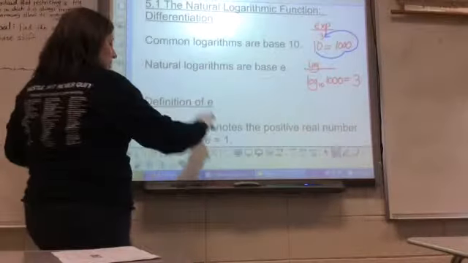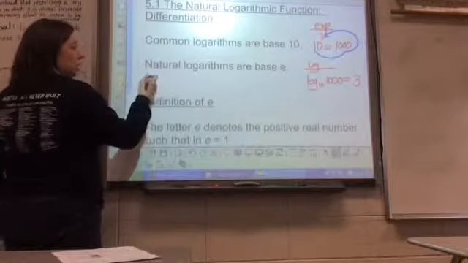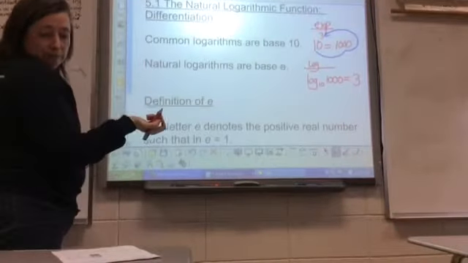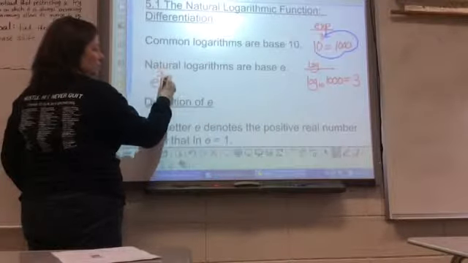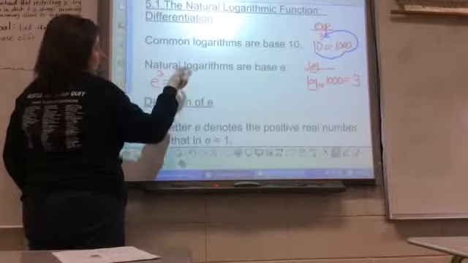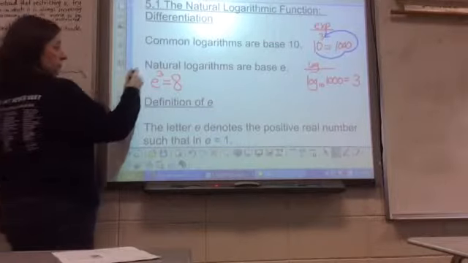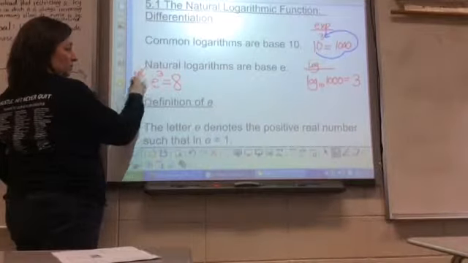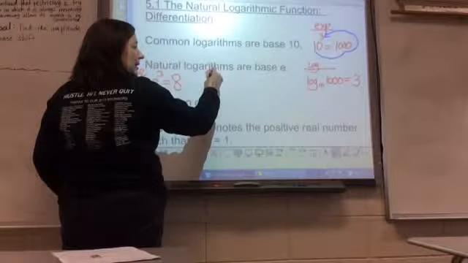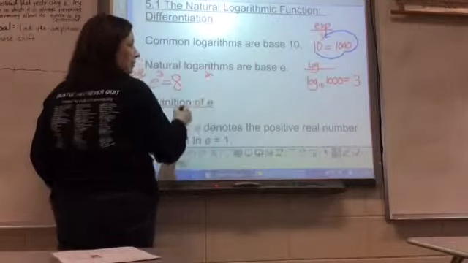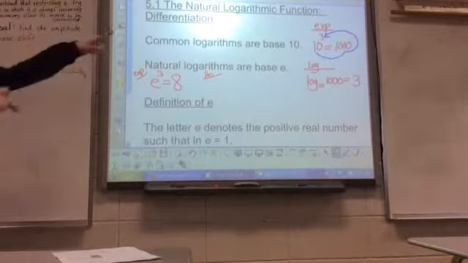Okay, so now let me show you as a natural log. A natural log may look something like this. That might be the exponent form, e to the third equals 8. And the log form, ln, as they would call it for natural log, you do the same thing you did a second ago.